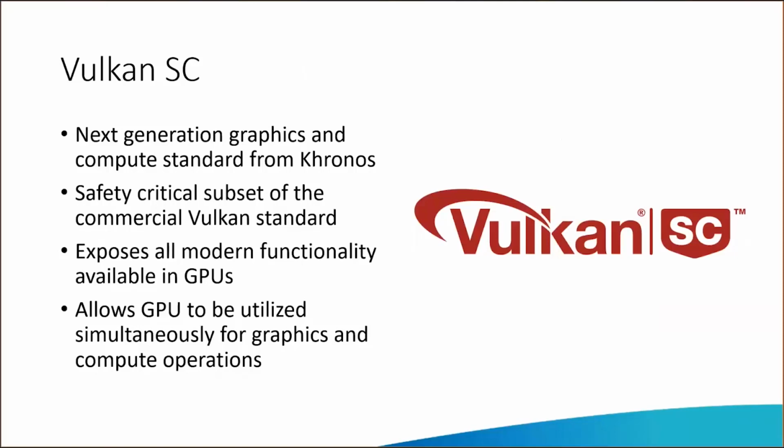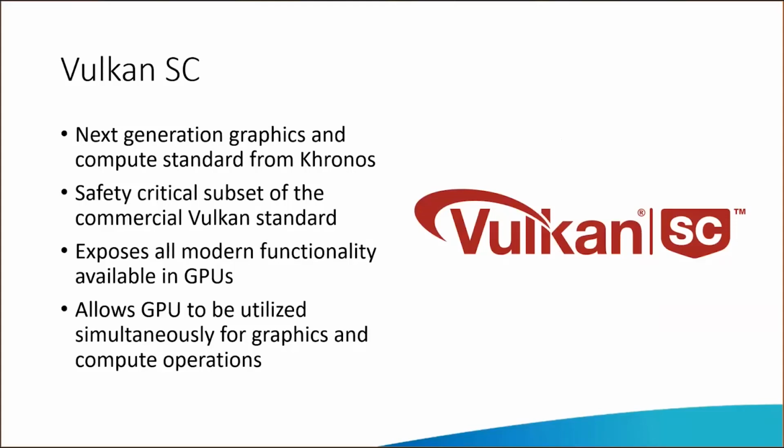Now, what is Vulkan Safety Critical? Well, this is the next generation graphics and compute standard from Khronos. It's based off of the commercial Vulkan standard, which is meant to provide advanced graphics and compute features to modern applications. So if you compare Vulkan SC to OpenGL SC, OpenGL SC was designed and developed targeting GPUs that were built basically in the late 2000s.